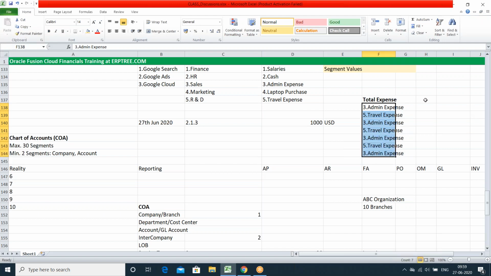Say I want to check how much admin expense, travel expense, food expense and so on I have, across 10 expense accounts. I would have to select 1, 2, 3 up to 10 accounts. Instead, if I group those 10 under one parent account called total expense, I'll select only that parent account and it will give the results.